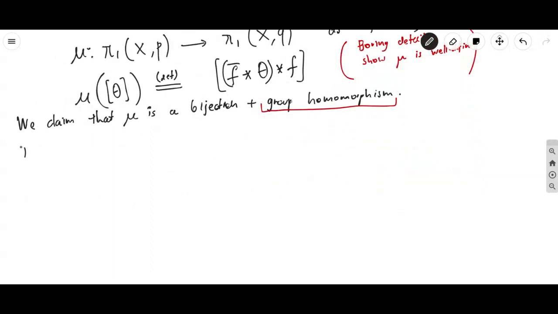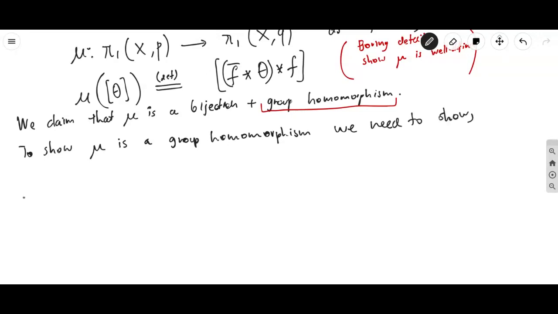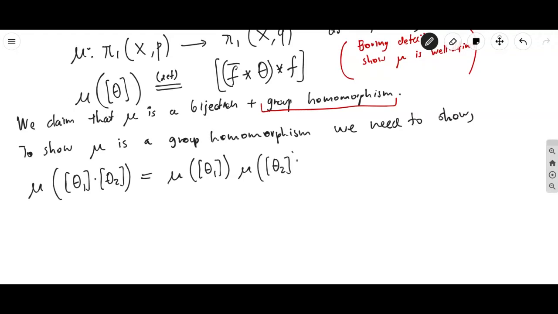To show that mu is a group homomorphism, we need to show that mu of theta 1 multiplied by theta 2 is the same thing as mu of theta 1 times mu of theta 2. So let's work this out.